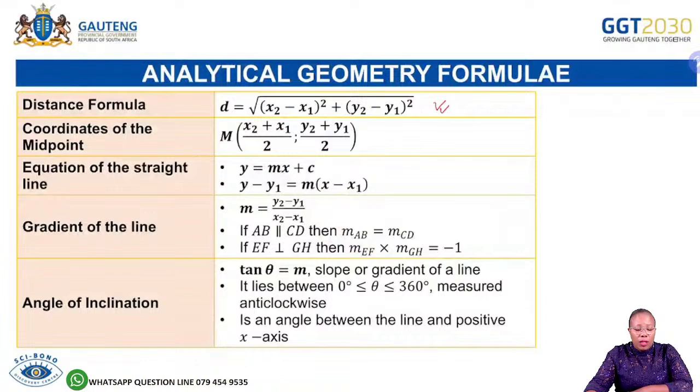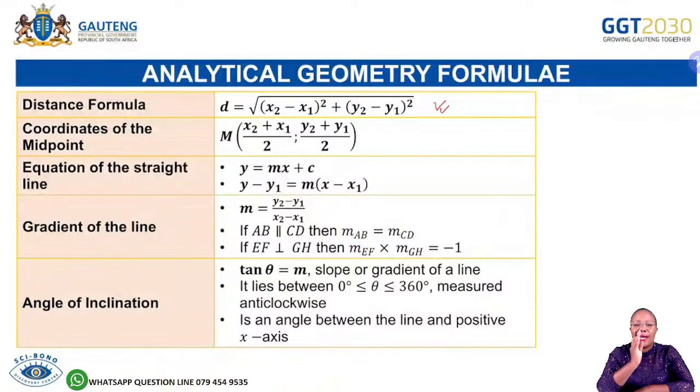Now, the coordinates of the midpoint is a middle point between 2 points again. So you need 2 points in order to calculate the midpoint. Remember, this will be in coordinate form because it's a point. You'll be having an x and y value. We start with the x value followed by y.